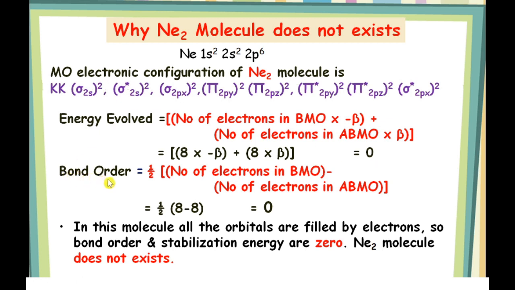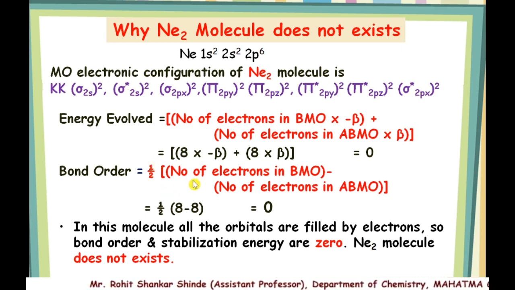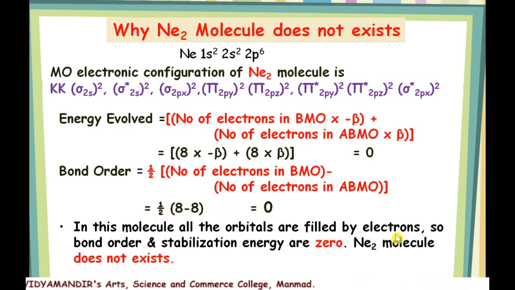Now calculate bond order. The formula is 1/2 in bracket, number of electrons in BMO minus number of electrons in ABMO. So 1/2 in bracket 8 minus 8, that is again 0. So in this molecule, all the orbitals are filled by electrons, and that's why bond order as well as stabilization energy both are 0.